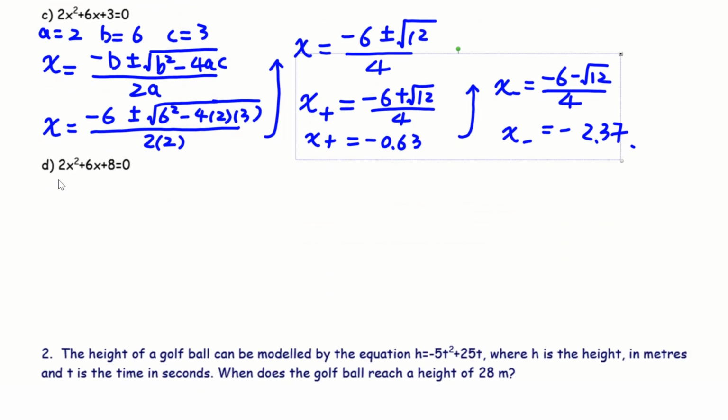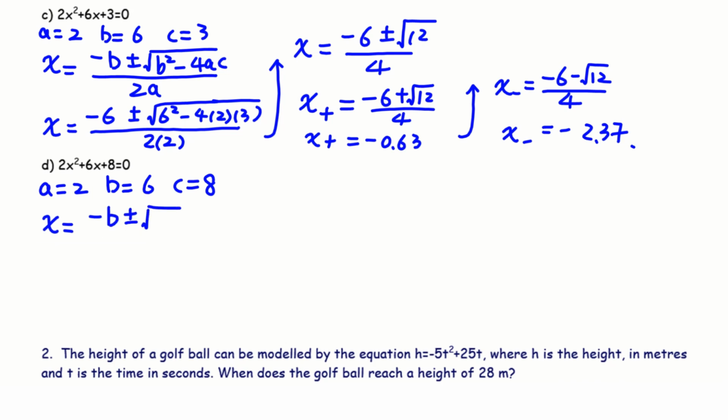You will have a equals 2, b equals 6, c equals 8. Then x equals negative b plus minus square root of b squared minus 4ac all over 2a.